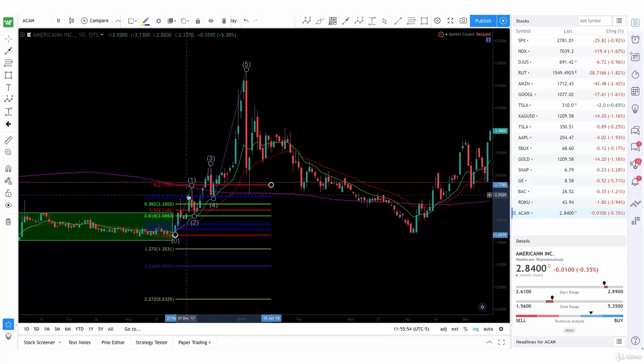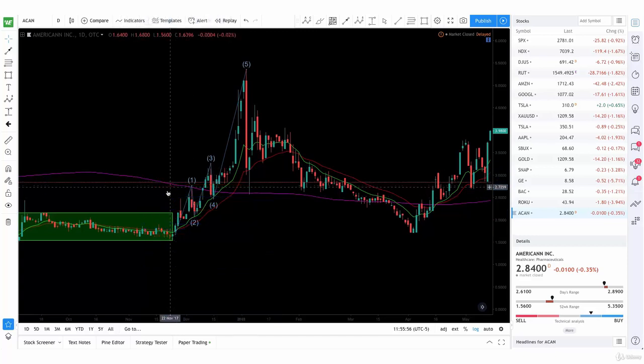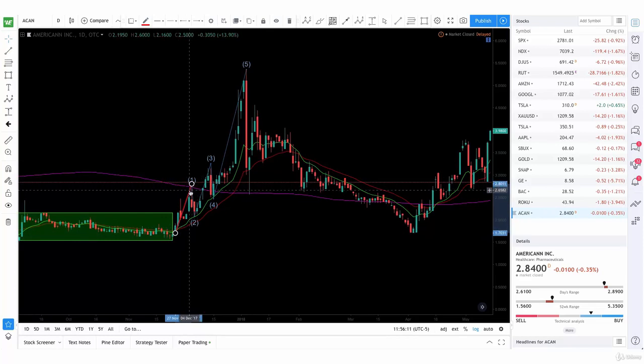This is our third wave. Now, how do we know the length of a third wave? What it should look like? Now, there's a rule that the third wave cannot be the smallest wave or shorter than the first wave.